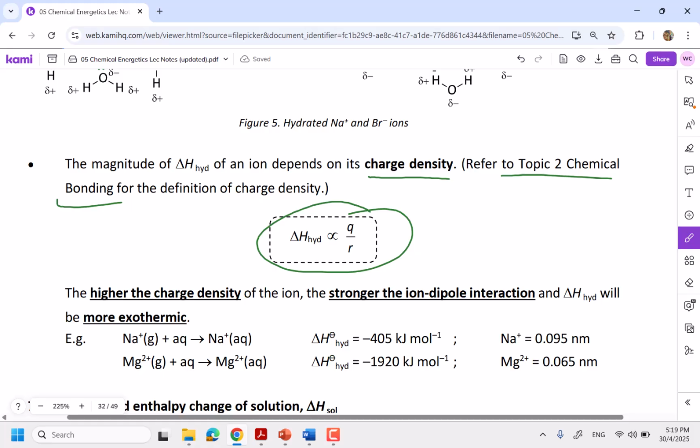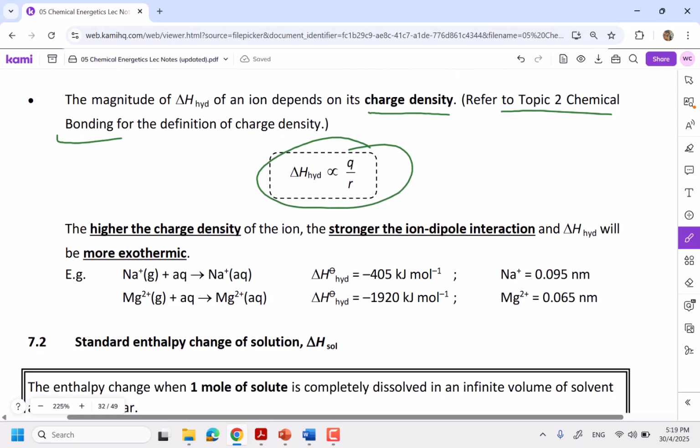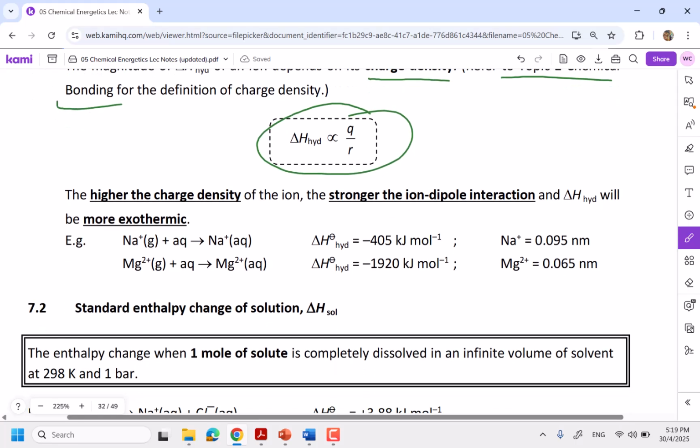Sometimes students, when they are learning it quickly, might miss this important relationship. The higher the charge density, the stronger the ion-dipole interaction you are expecting, because there is a stronger tendency to form stronger electrostatic forces of attraction.